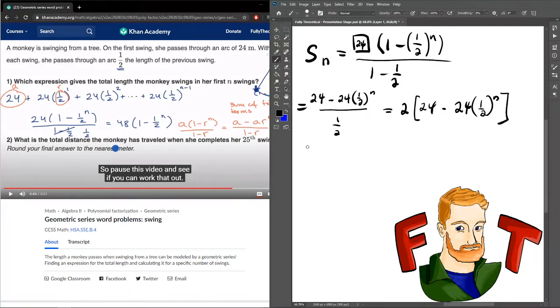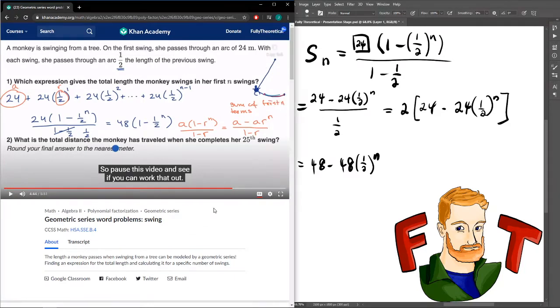Okay, so then we have 24 times 2 is 48, minus 48 times 1/2 to the n. Is that what he had? 48 times, okay, so he just didn't distribute that.